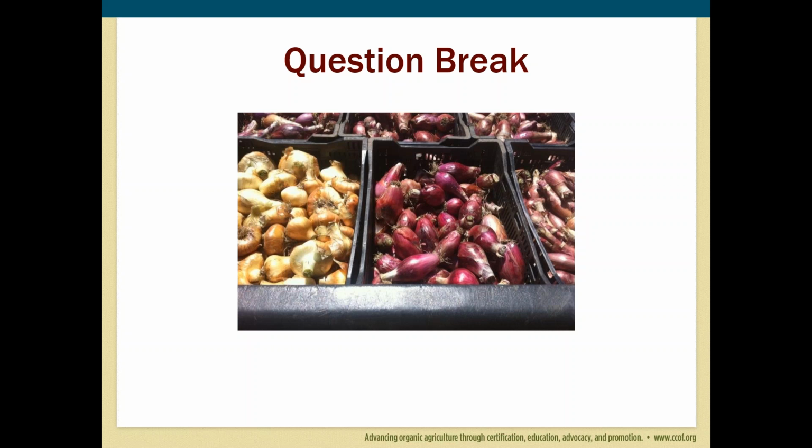Someone wrote in and asked if you could repeat what the certification fees are, or the range again. That range I mentioned earlier was really just a ballpark estimate for small farms, which is $600 to $1,800 is approximately what we tend to see small farms having as their total annual cost.